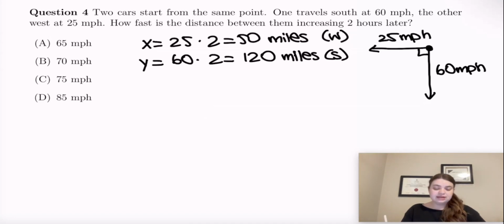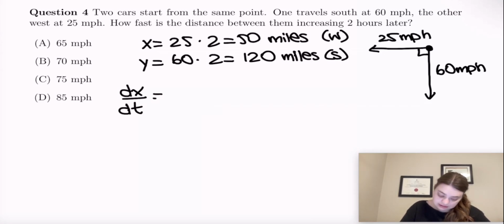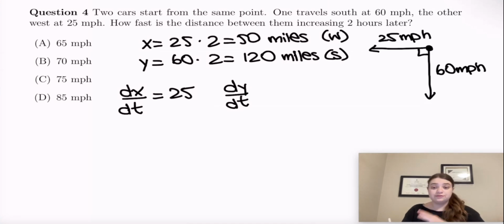Okay? The next thing we need to do is state what the speeds are. So the change in x with respect to the time would be 25 miles per hour. So dx/dt is going to be 25. And then dy/dt, which is our rate of change for y with respect to t, is going to be 60, for 60 miles per hour.